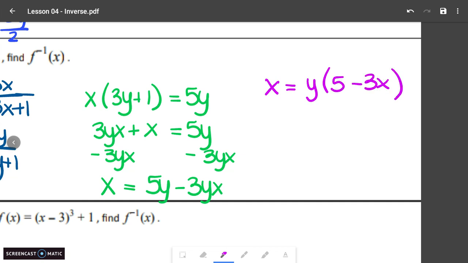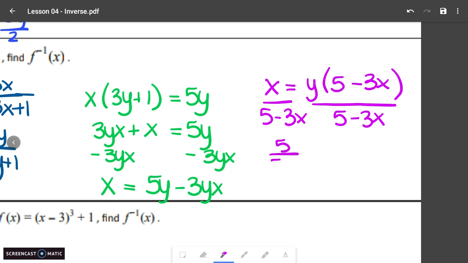And now that I have y by itself, I can just divide both sides by that, 5 minus 3x. And that's going to be x over 5 minus 3x equal to y.